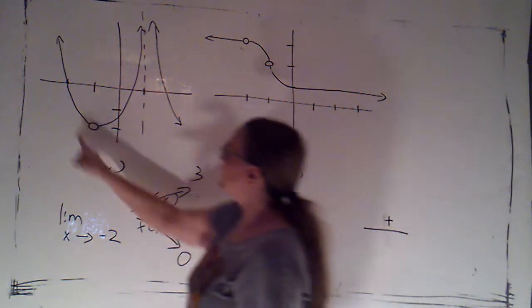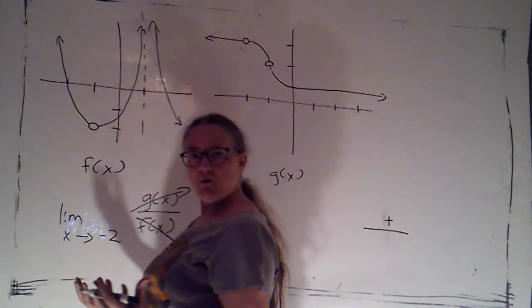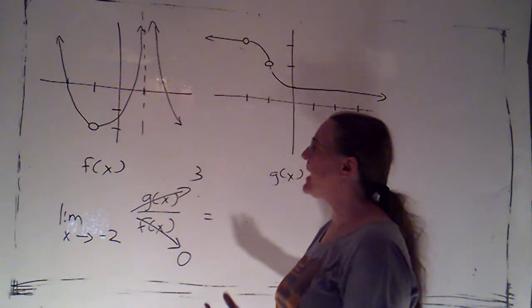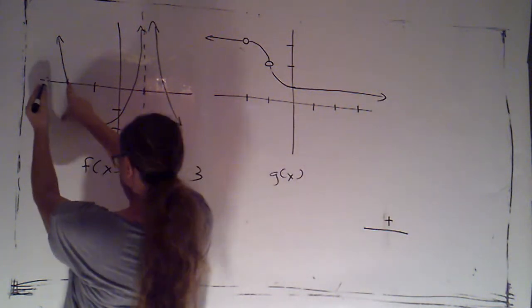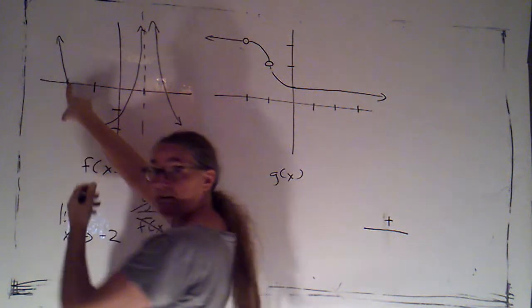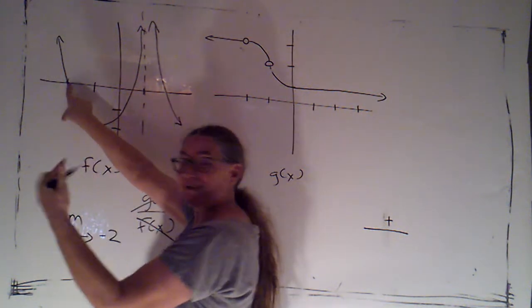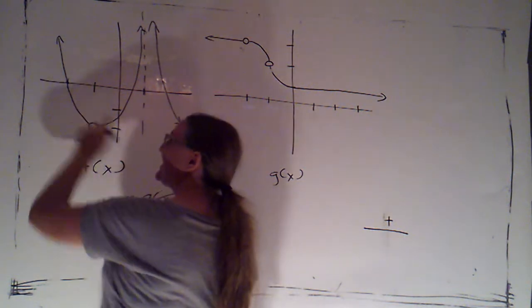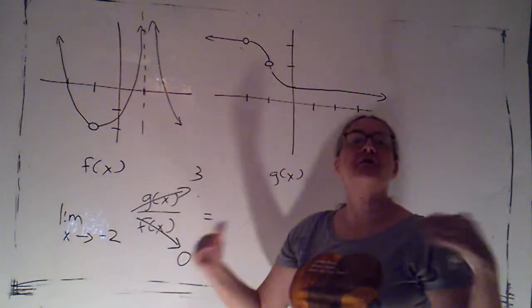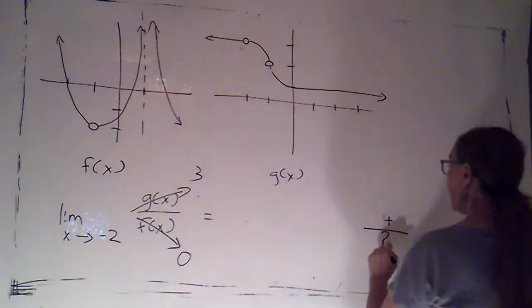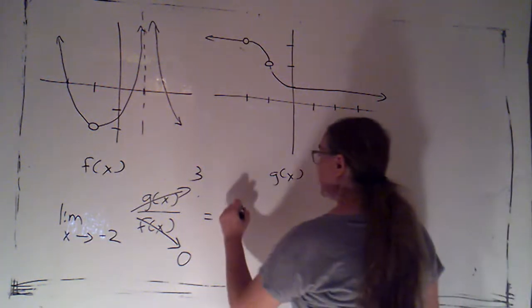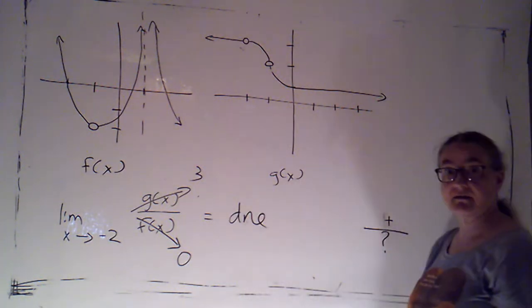Now over here, if we're close to -2, is the graph positive or negative? Well, I can see that to the left of -2, the graph is positive because it's above the x-axis. To the right of -2, the graph is negative because it's below the x-axis. So I've got an indeterminate sign, and so that does not exist.